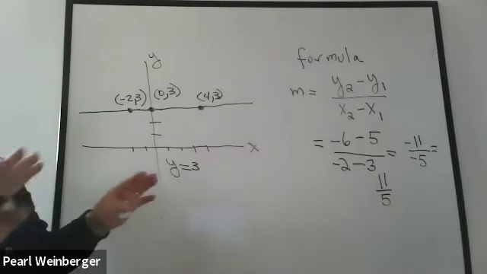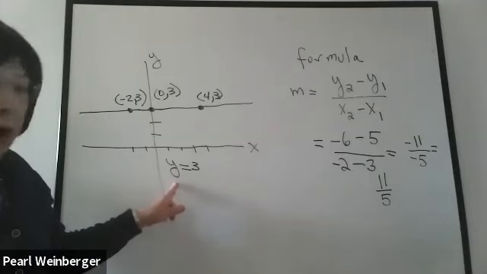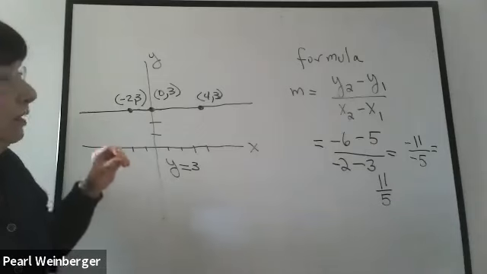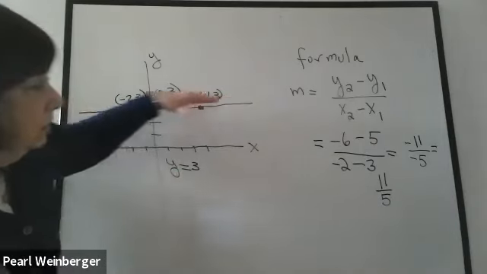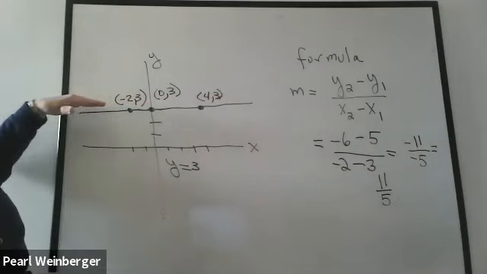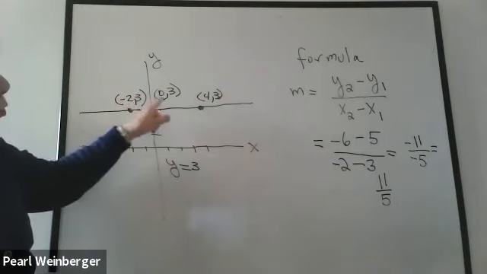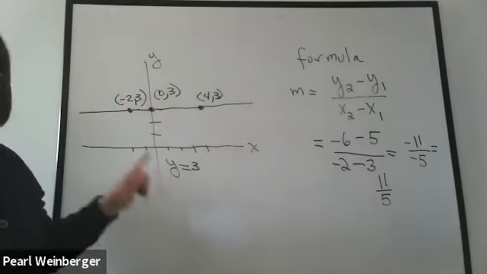When you see a linear equation that has only a y and has no x in it at all, it means that what you have is a horizontal line. It goes straight across through the 3. All the points on the line have a y equal to 3.